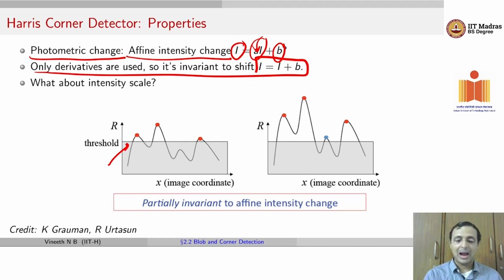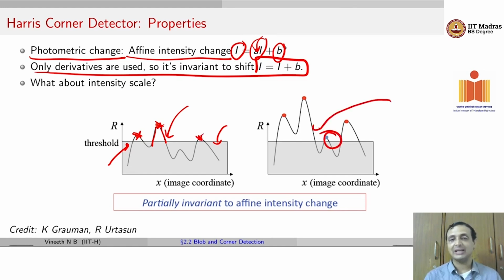If you had a particular curve, any function for that matter, and you had a certain threshold, all these points which have a certain value, remember that the points closer to that would get suppressed due to non-max suppression, so you'll only have the peak in all of these points. So those peaks would get detected. But if you now scale the curve, there could be newer points that get added. If you scale it up in a different way, there could be newer points that get added. Which means it's perhaps invariant to translation, but not necessarily invariant to scaling the intensity.